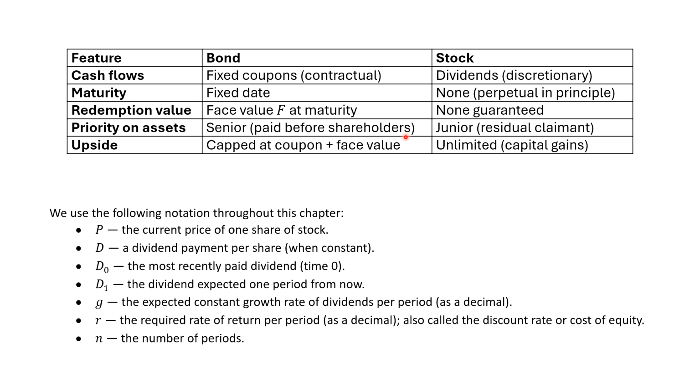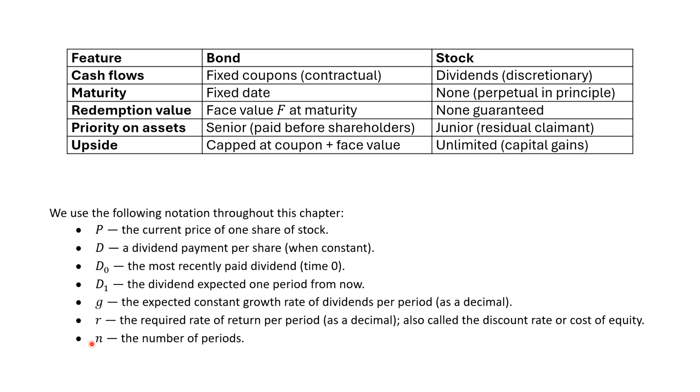And then if there's any money after that, the stockholders might get something. The big difference that is more positive for stocks is that bonds have a fixed upside, but stocks over the long term typically outperform bonds. So that's the advantage that outweighs some of the uncertainty.